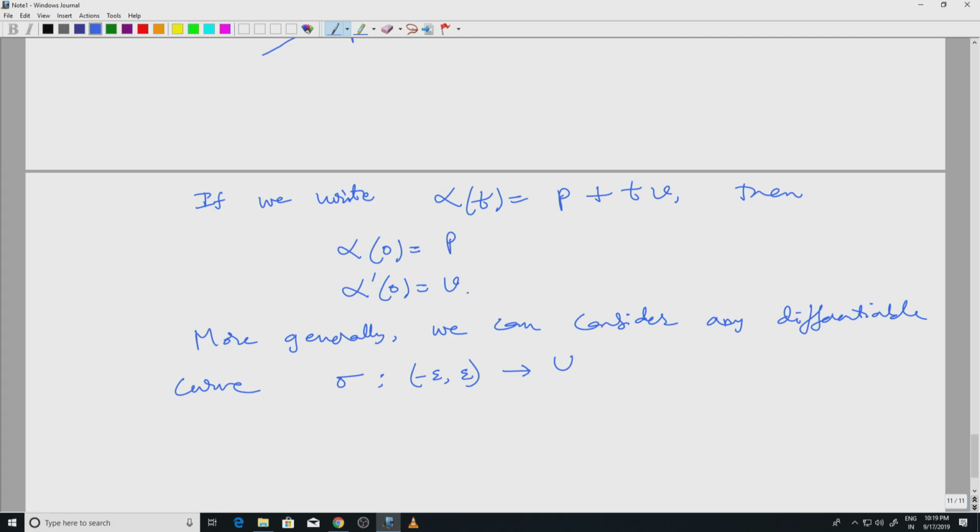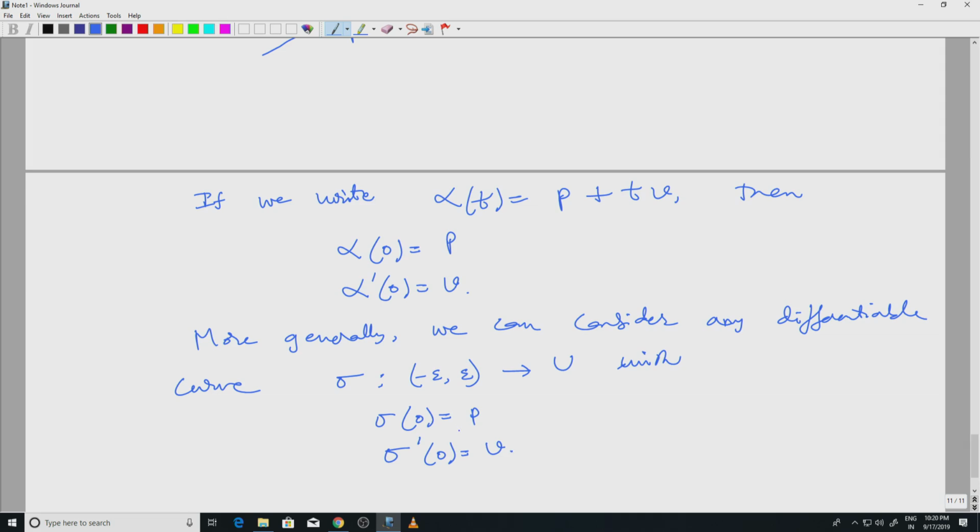More generally, we can consider any differentiable curve from here to here with sigma 0 equals p, and sigma prime 0 equals v, exactly the same two properties.